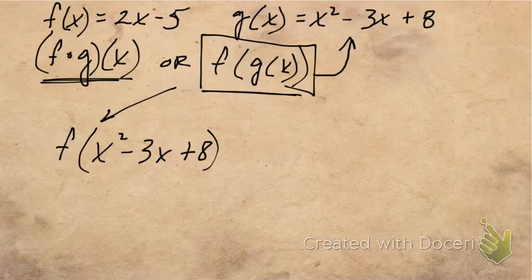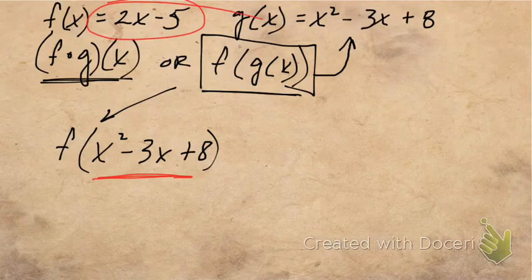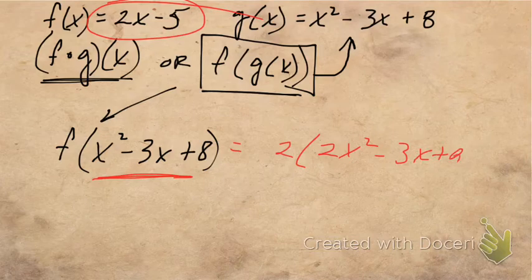Now remember, from past problems, when we had functions, I'm going to look at my original f of x, which is right here, and what am I going to plug in for x? In that 2x minus 5 up there, what am I going to plug in for x? Whatever is in the parentheses there. So, I'm going to write 2 times (x squared minus 3x plus 8) minus 5.